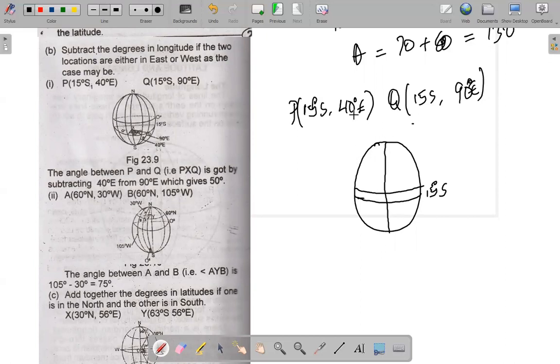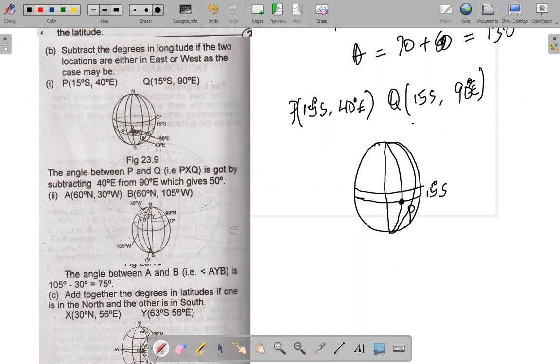But on longitude 40 degrees east, where these two lines, the lines of latitude and longitude meet, is point P. Then point Q on the other hand is also on 15 degrees south, but on 90 degrees east. The 90 degrees will be somewhere there.